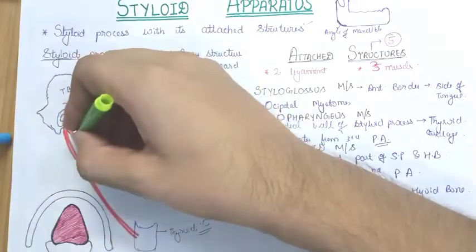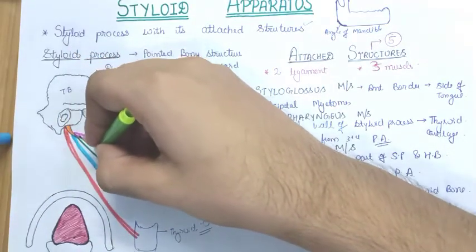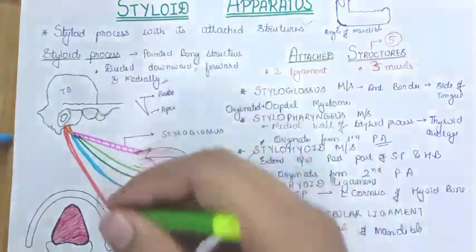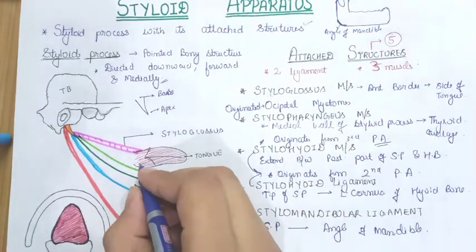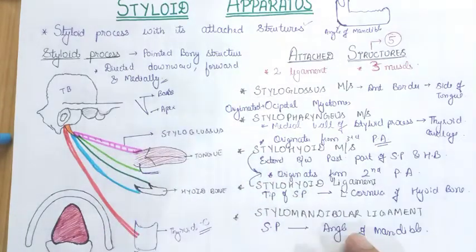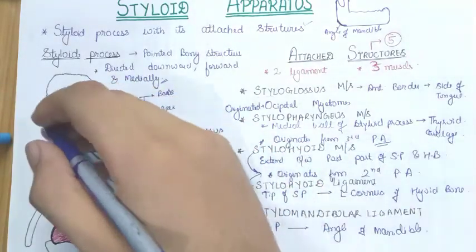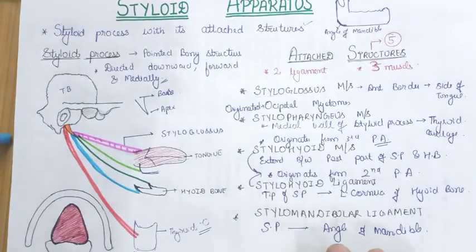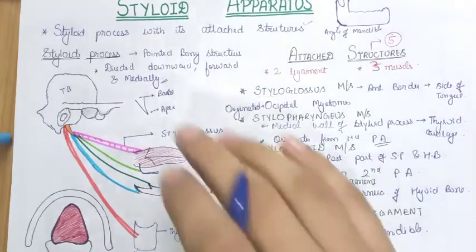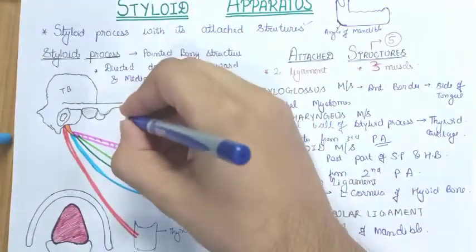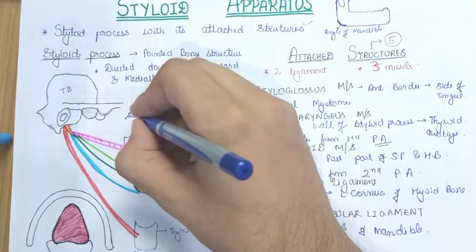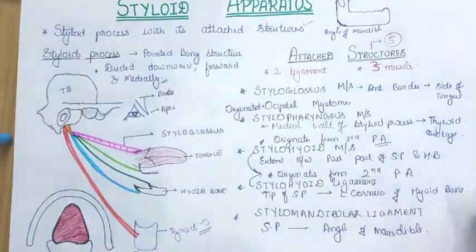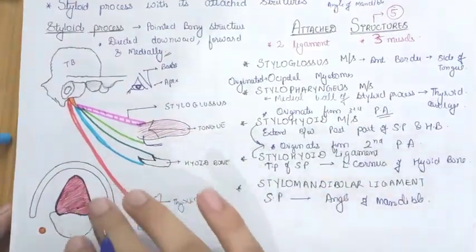And let me draw it here. Since the mandible is present below the tongue, I have made the insertion like this. This is the angle of mandible, and the stylomandibular ligament extends from the styloid process laterally to the tip of the angle of the mandible. If you view this diagram from the superior portion, like this, your eyes are here, the diagram will appear like this.